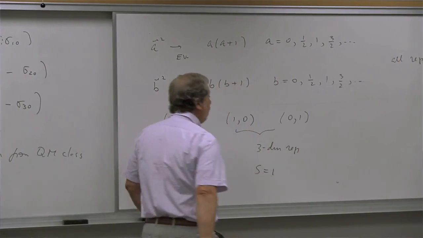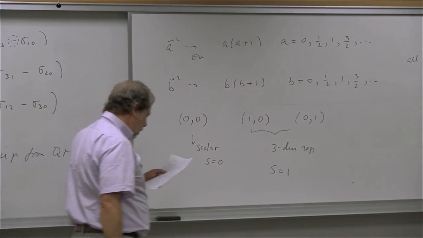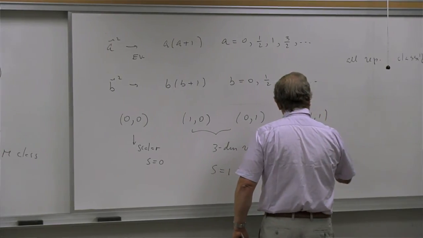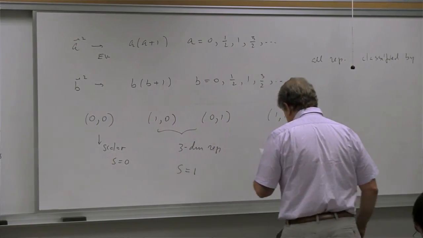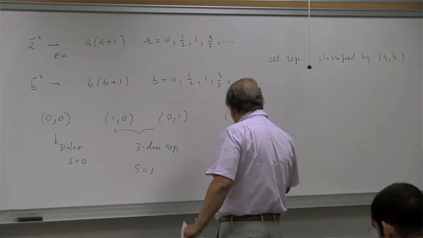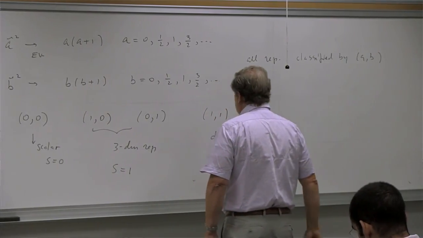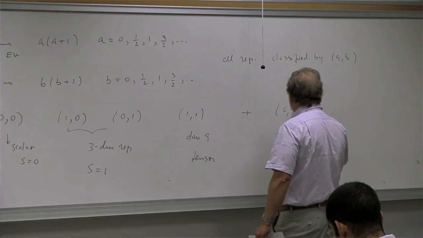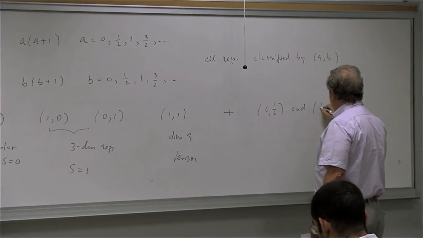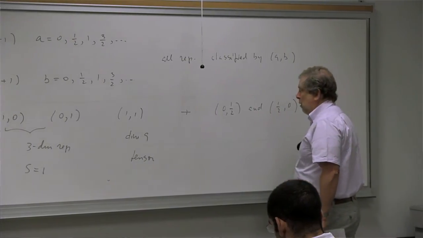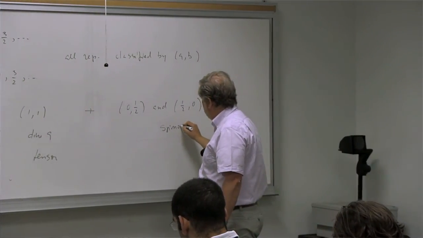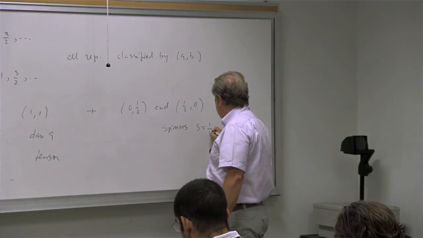And so that's spin 1. And then we have the (1, 1), which has dimension 9, and so that is spin 2. The tensor. And also, we have the (0, 1/2) and (1/2, 0), and those are spinors. And they have spin 1/2.